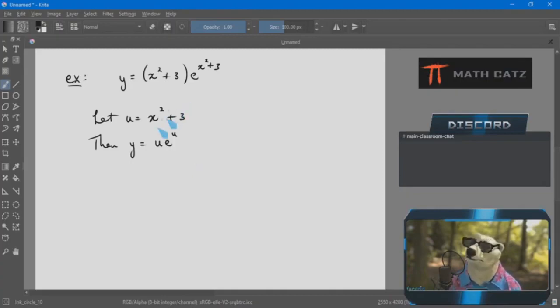Why? How come? Because this outside function is still tricky. Perhaps it's less ideal, still needs a fair bit of work to find the derivative. So when I am looking at the chain rule, this is going to be the first part. This guy is not as simple as it could be.